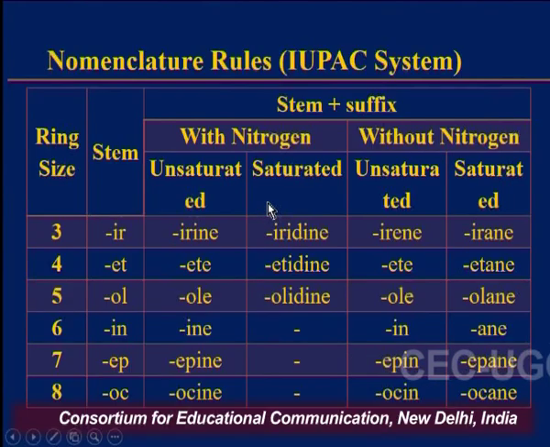Similarly, for the saturated heterocyclic ring with nitrogen as the heteroatom, we choose iridine as the suffix for the 3-member ring, etidine for the 4-member ring, and olidine for the 5-member ring.